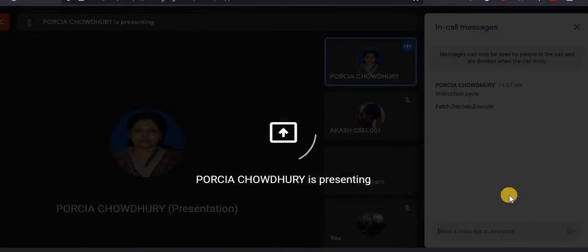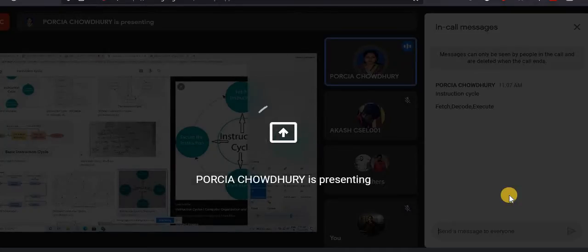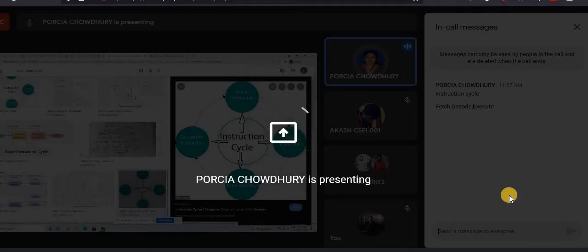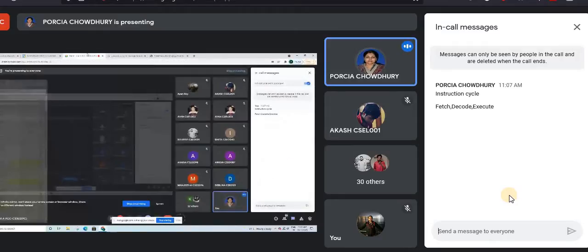That is one simple instruction cycle where you fetch the instruction, decode the instruction, read the address from memory and execute the instruction. So this type of diagram you have to draw. Fine, so that is your instruction cycle. You don't have anything else in the instruction cycle. Initially we know it's fetch, decode and execute, and after that we divide it into 2 more steps, altogether 5 steps. Now we will study addressing modes.